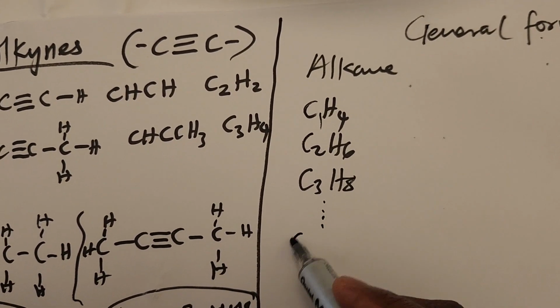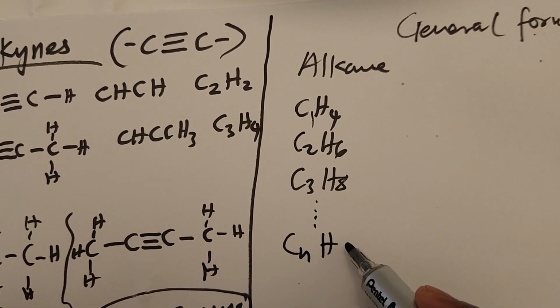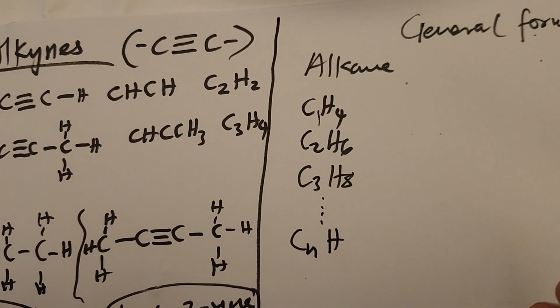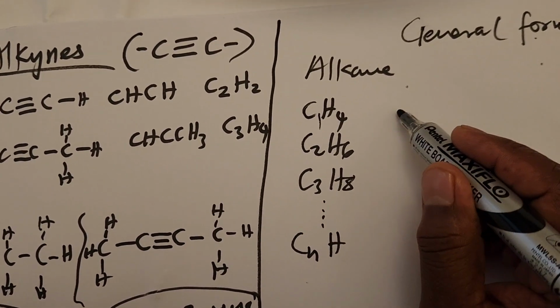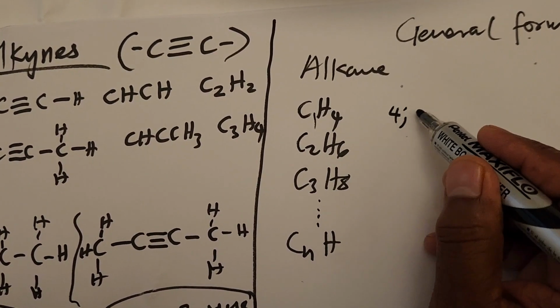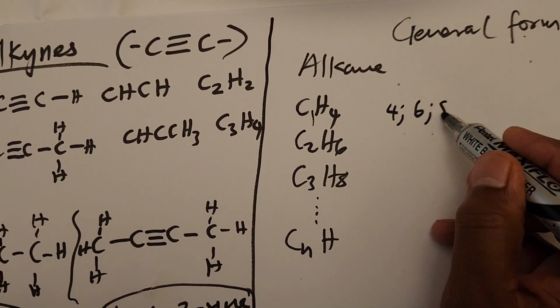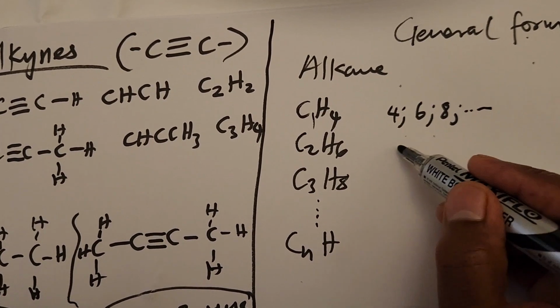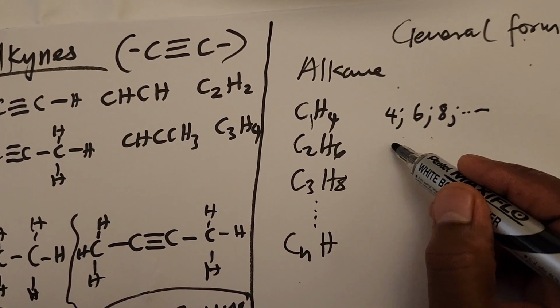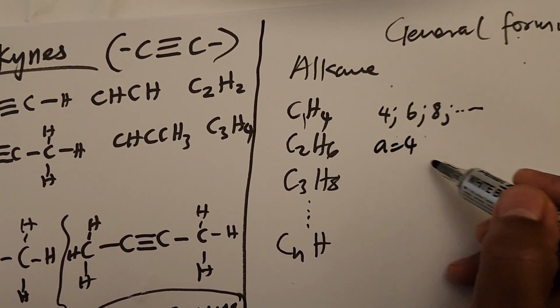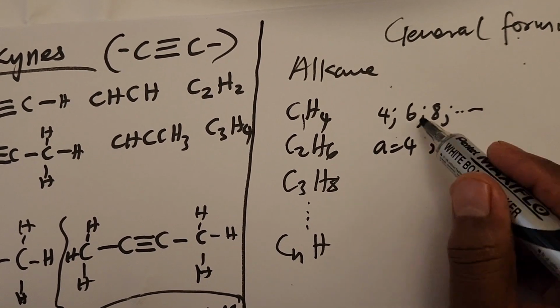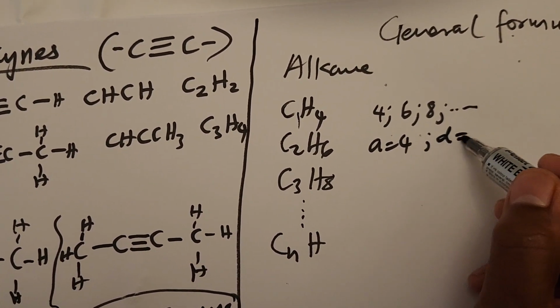Therefore, if I want CnH something, what will it be? If you use maths, you can say quickly: the first term is 4, the second term is 6, the third term is 8, so the first term is 4 and the common difference is 2.